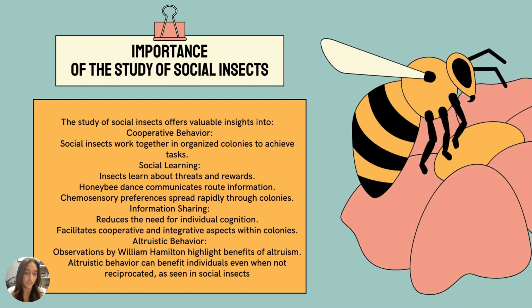The study of social insects is vital to biology and the study of life because it offers very valuable insights into things such as cooperative behavior, social learning, information sharing, and altruistic behavior, which all drive the core ecological component of ecosystems.